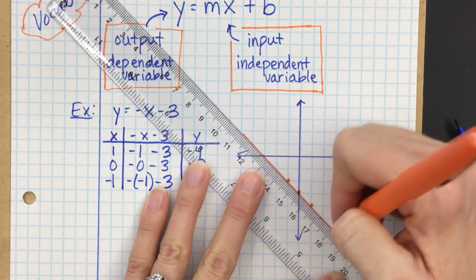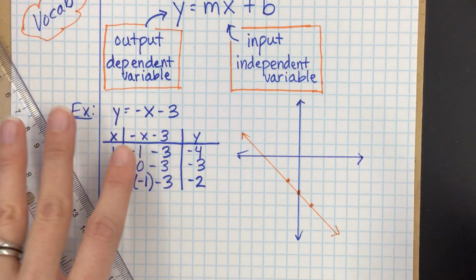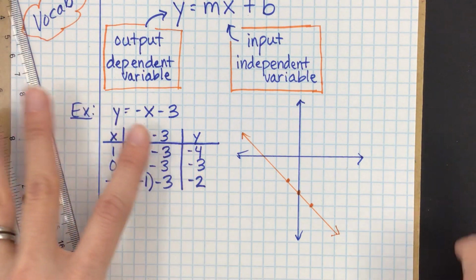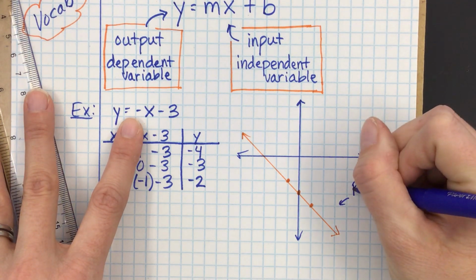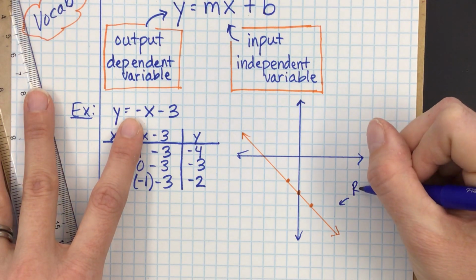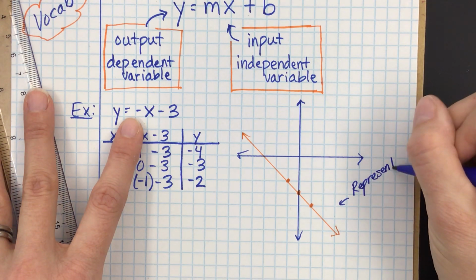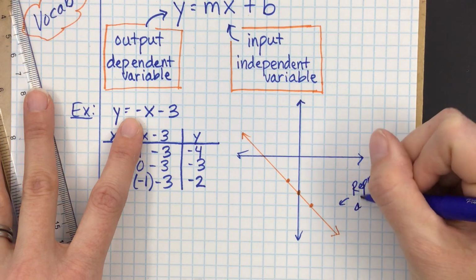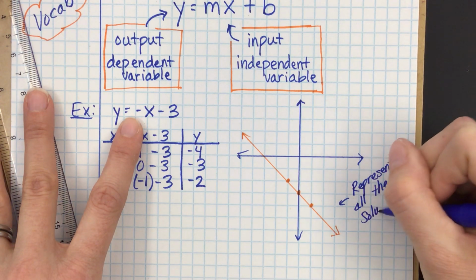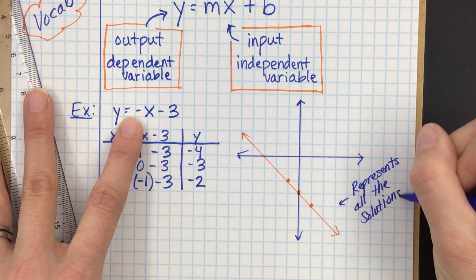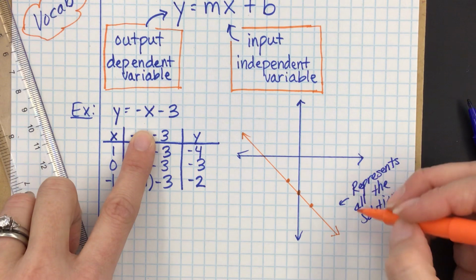And I know we talked about it a little bit yesterday, but we also kind of ran out of time, so I'm going to put a little note here. This line represents all the solutions to this linear equation.